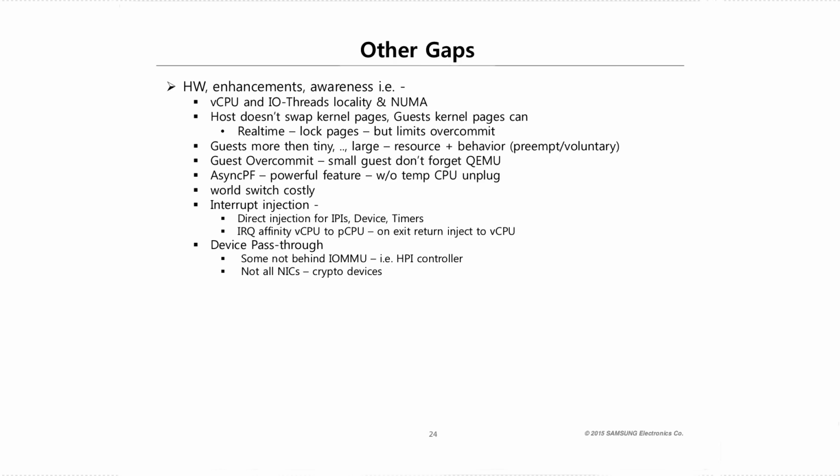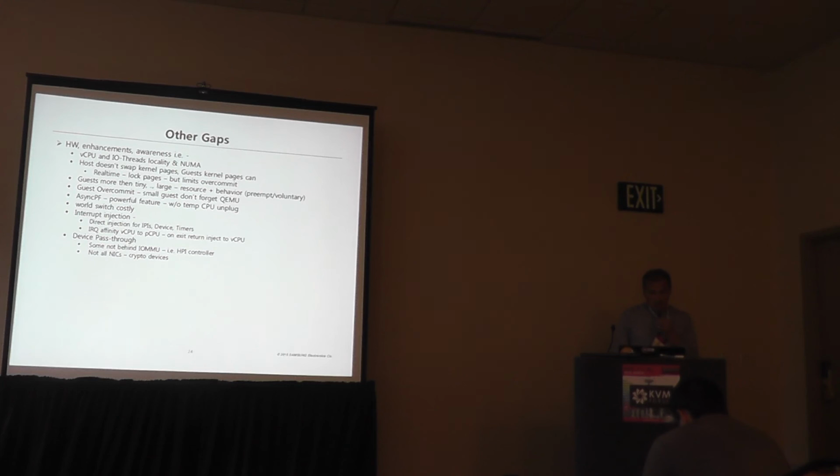And this would finish up the presentation. When you look at the overall gaps, and I'm not going to go through each one of them, you have gaps related to awareness, gaps related to hardware, and gaps related to enhancements. This is really not an issue that can be addressed by any one person or maybe even any one company.